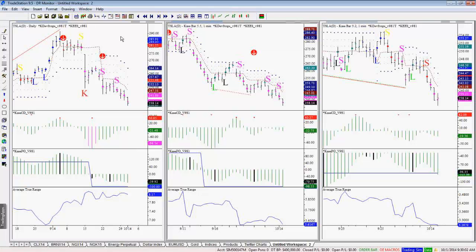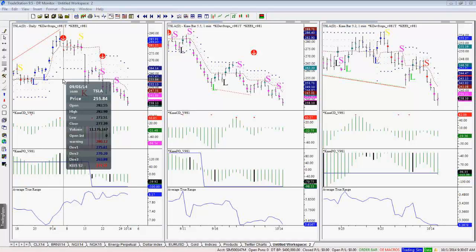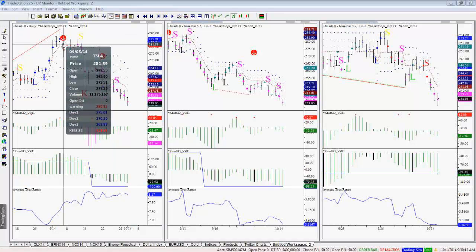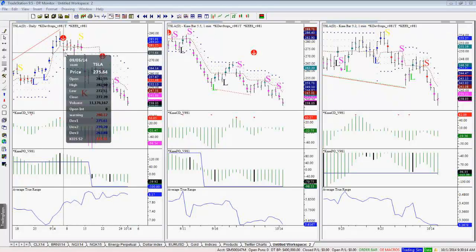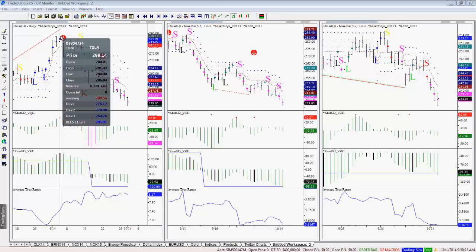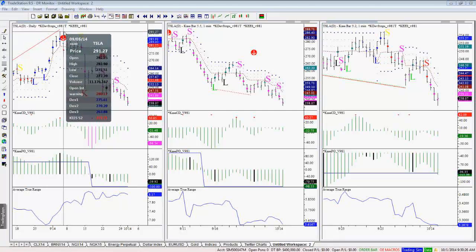All right. So we had gotten our signal here on 9/5. That's when we had our divergence. Our divergence was confirmed. We hit Dev 1. We were out of any long trade. We are now looking short. We will continue to look for short trades until the swing high, the divergent swing high, which was 291.42.